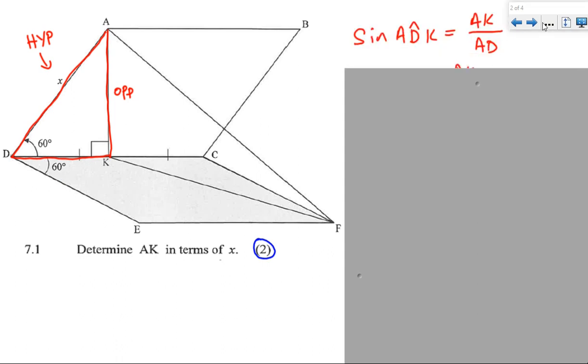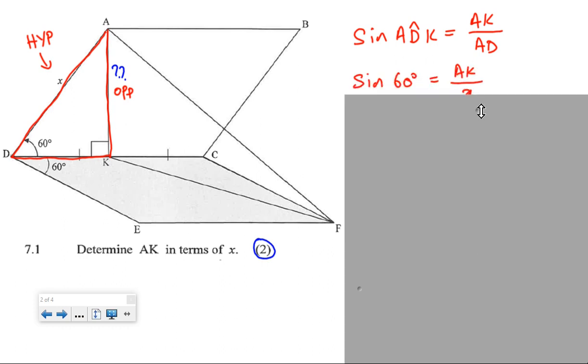Now once you know which triangle you're operating in, it's a right angle triangle. You remember our first page of our notes speaks about the right angle triangle, so clearly we're going to use a trig ratio. Now that's opposite and that's hypotenuse. That's what we want, so therefore it will be sine of AKD is equal to AK over AD, and that's sine of 60 degrees is equal to AK over x.